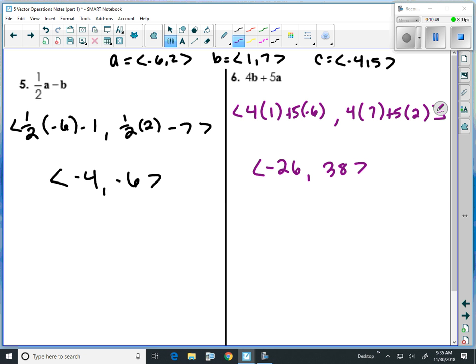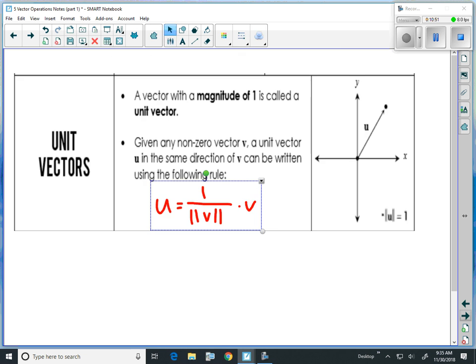Okay, the last thing we're going to do is unit vectors. Okay, unit vectors have this formula. I already have it up there for you. Okay, there's your formula. I'm going to break it down here in a second.